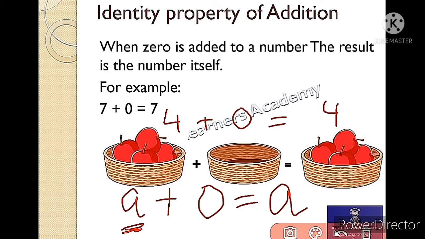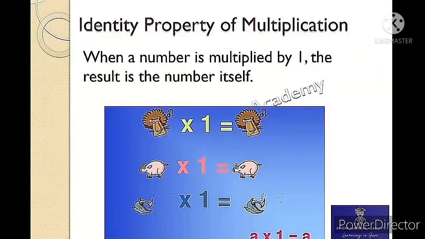And 0 means nothing. So whenever you add 0 to any number, it would be same. Or you can write it in other way, like 0 plus A equals to A.